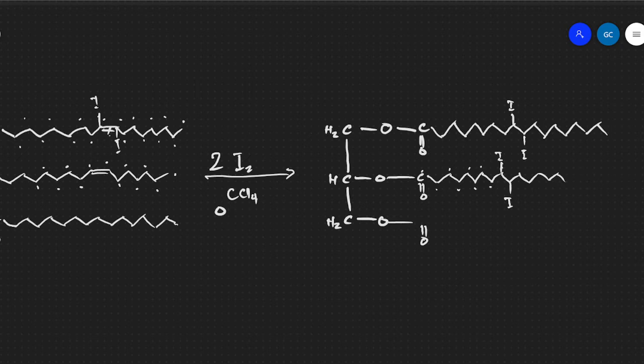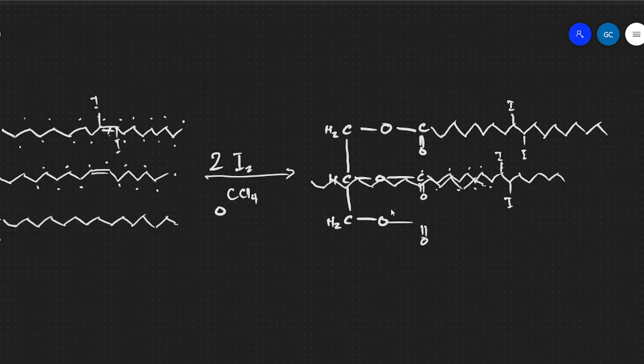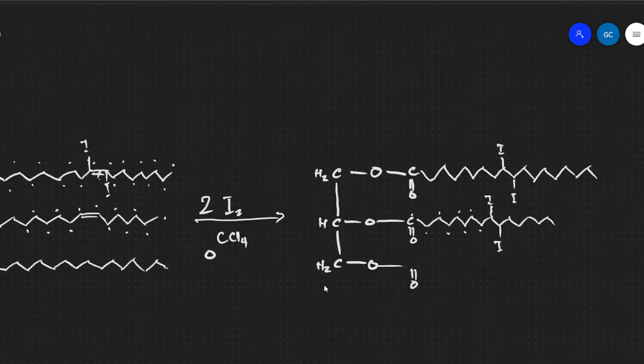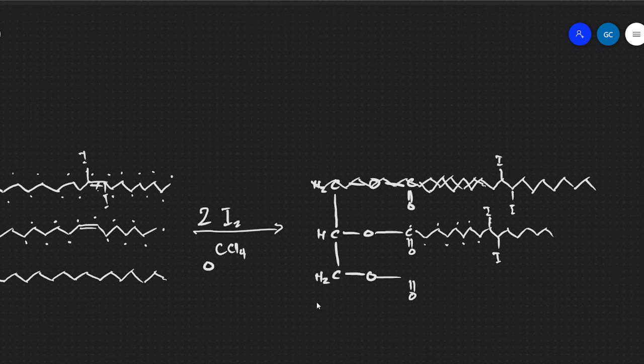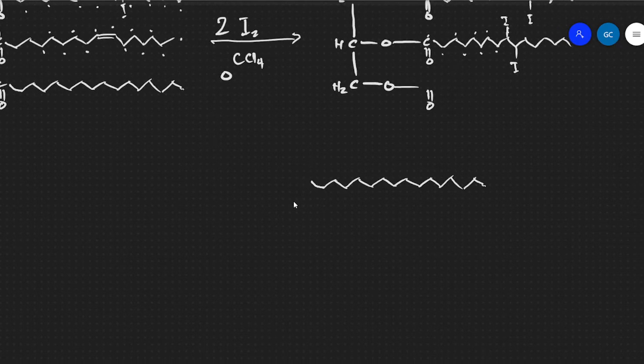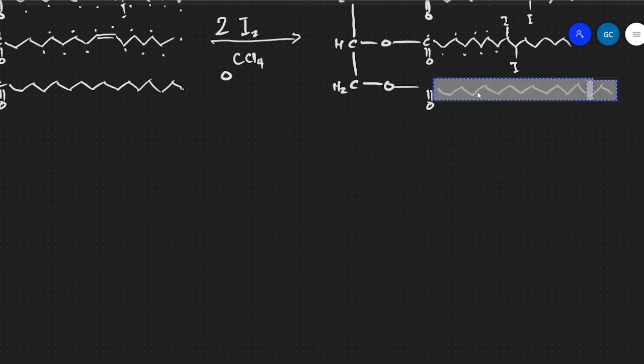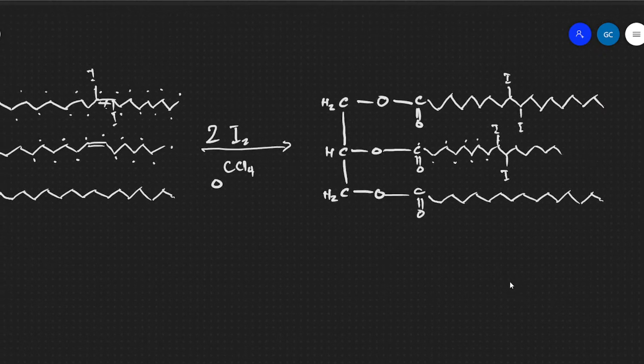So as you may notice here, natanggal natin yung double bond doon sa ating glyceride. Anyway, so just need to copy this kasi walang mangyayari dun sa ating glyceride na walang double bond.